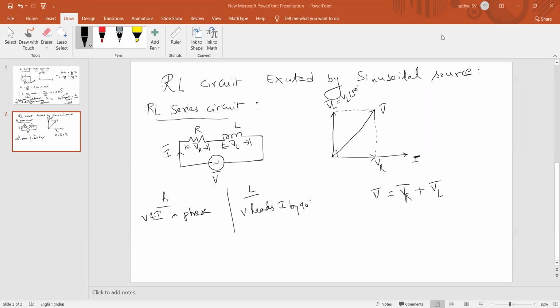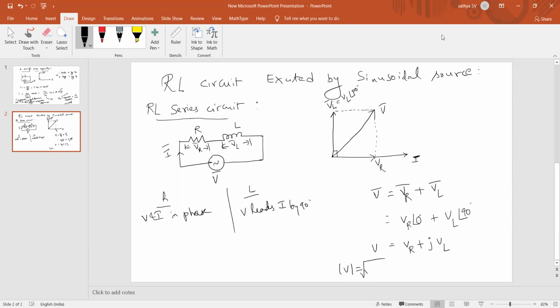So that means the first, that is VR, should have an angular difference of 0 degrees because this is the case of a resistor. And in the case of inductor, it should be at an angle of 90 degrees. So shall I simply conclude that VR plus jVL, because 90 degrees in the sense j. So V is equal to VR plus j into VL. Now, will you write the magnitude value?